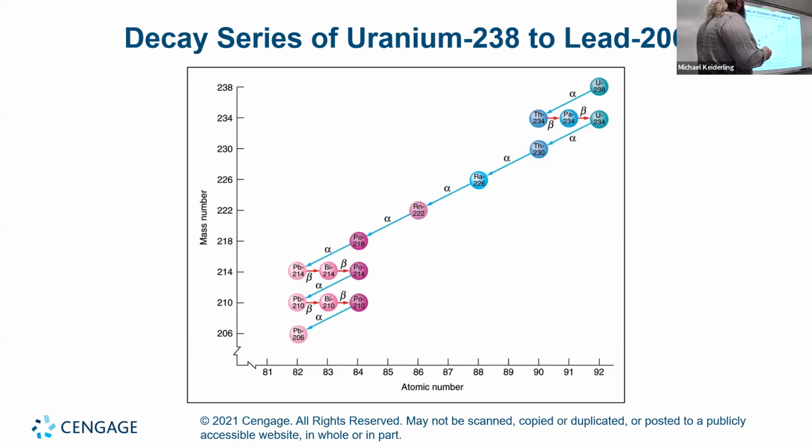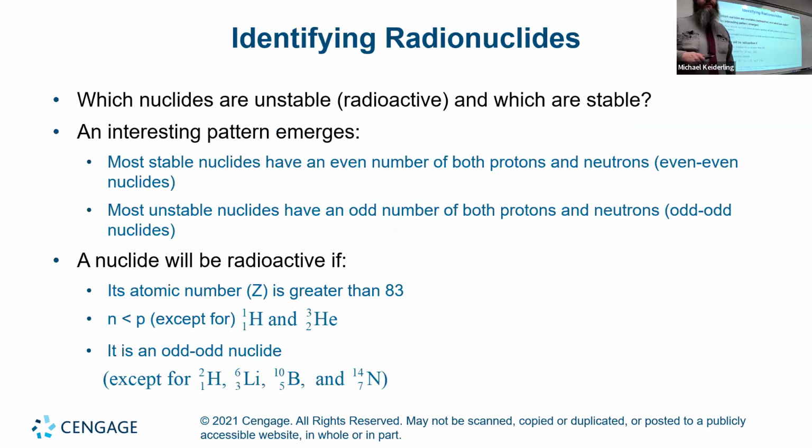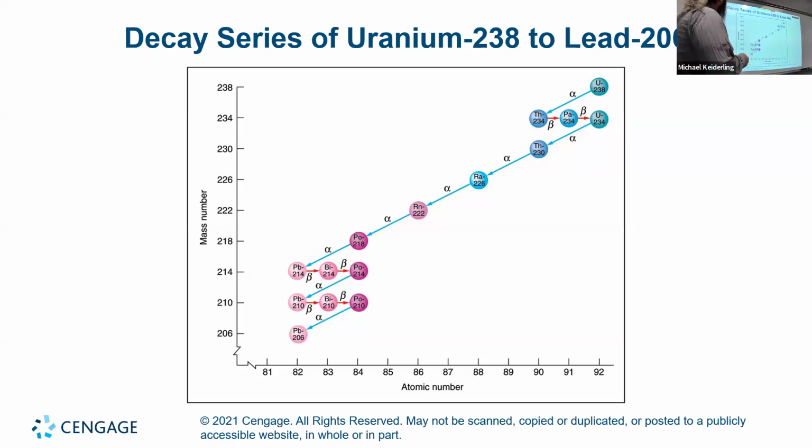So uranium-238 decays to thorium-234, which beta decays to, I can never remember what this is called, Pa-234, which then beta decays to uranium-234, which alpha decays to thorium-230, which alpha decays to radium-226, which alpha decays to, I don't remember what Rn is off the top of my head, 222, which goes to polonium-218, which goes to lead-214, which beta decays to bismuth-214 to polonium-214, to lead-210, to bismuth-210, to polonium-210, down finally to lead-206. Oh, this is radon, I think. I could be wrong.